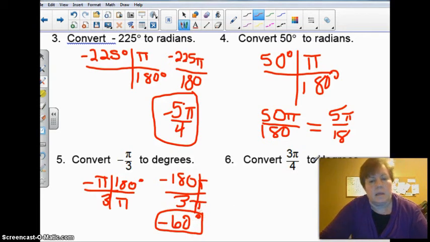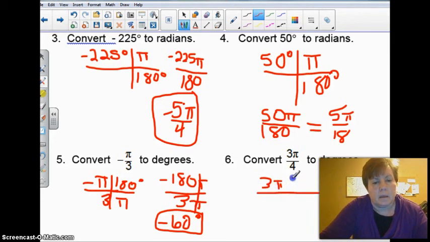Okay. And then convert 3 pi over 4 to degrees. Same idea, 3 pi over 4, and we have 180 over pi.